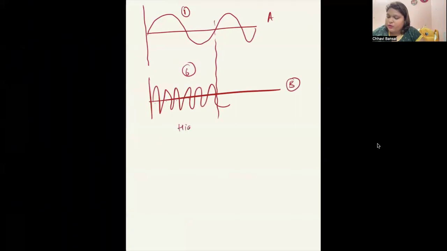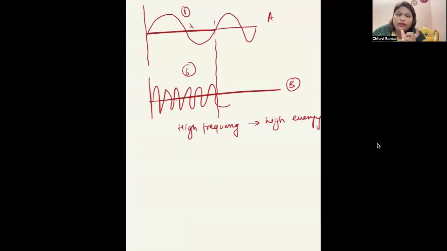Therefore, high frequency means high energy. Okay. Now you can see this is the wavelength, lambda. Lambda means the wavelength, which is the distance after which the wave comes back to its initial position, right? So here, this is the wavelength, lambda. So you can see high energy means less wavelength.